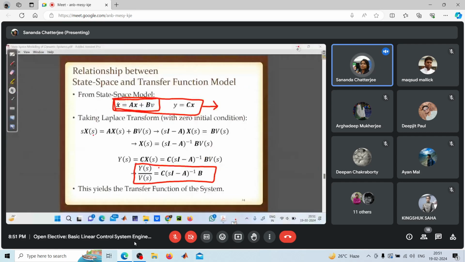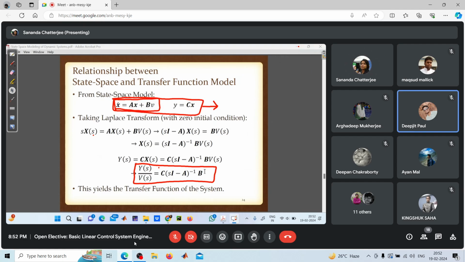So if we are talking about C into sI minus A inverse into B, that means this sI minus A inverse is actually n cross n. C is 1 cross n. B is n cross 1. So therefore, it is a 1 cross 1 matrix.